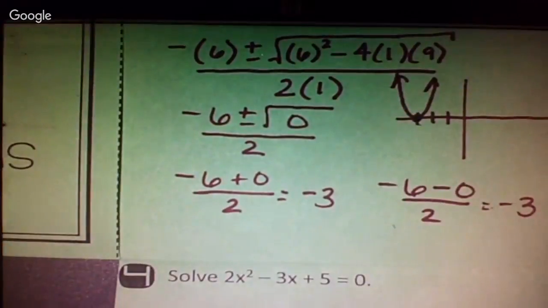So negative 3, comma 0 is your vertex. Whenever you have one solution, that means your vertex is what touches the x-axis. So when you have one solution, your graph should look something like this.